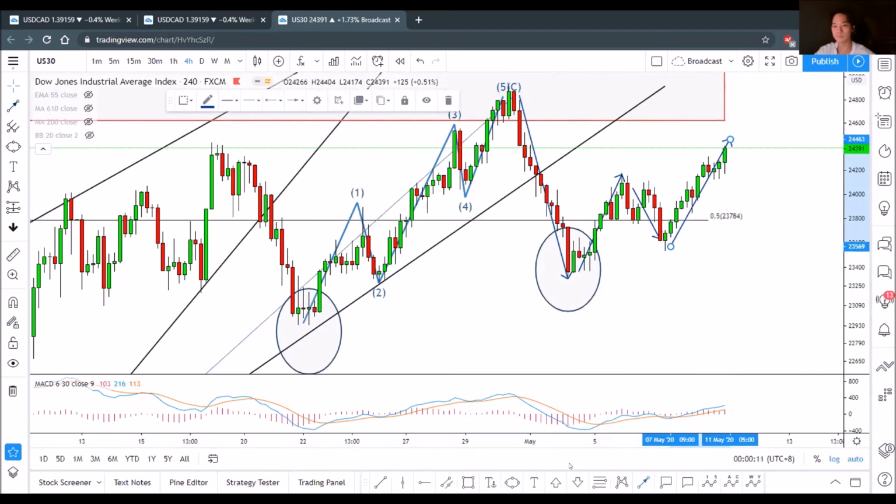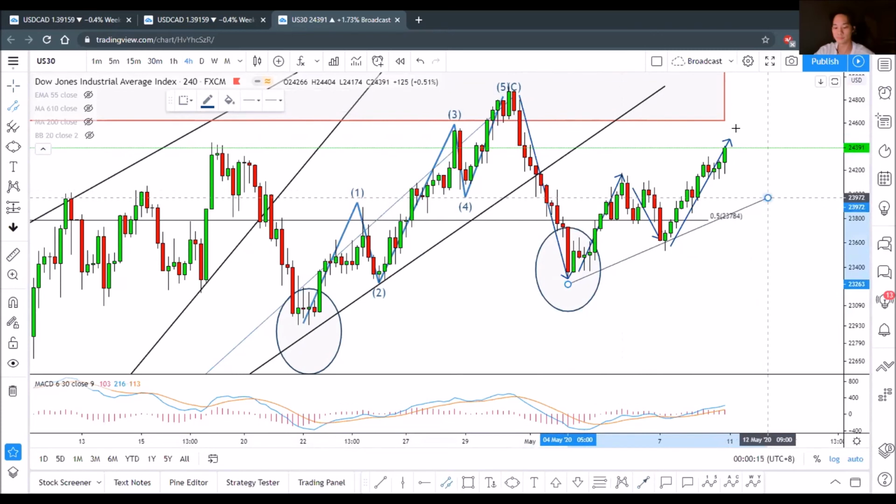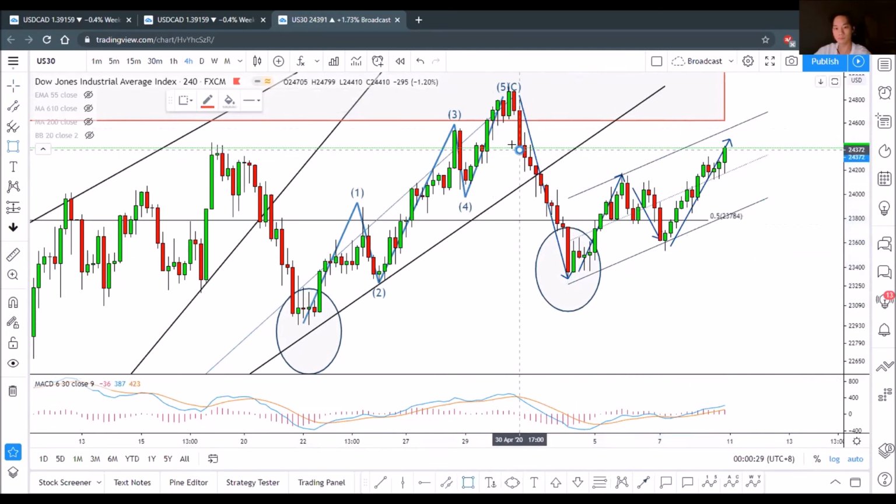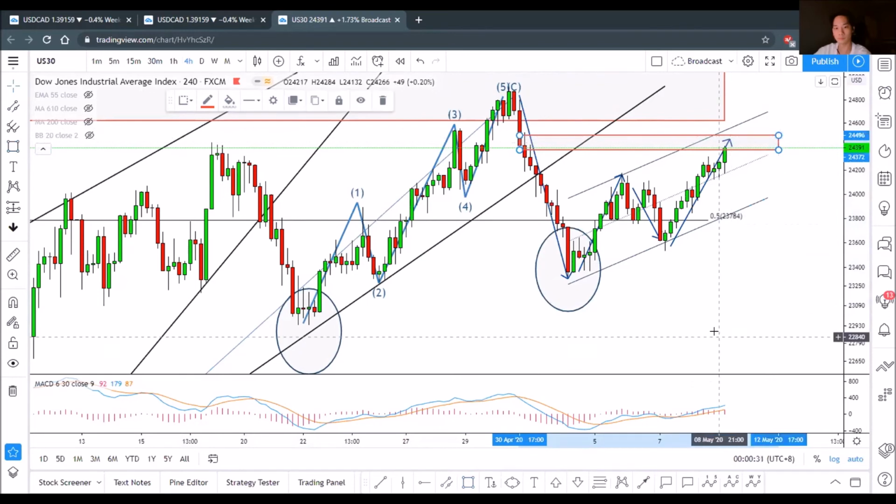So right here, it actually created an ABCD pattern, not completed yet, a little bit more towards the upside. And we can see there's a pullback or retracement channel. So the plan for this week is we can look for opportunity to sell right here.